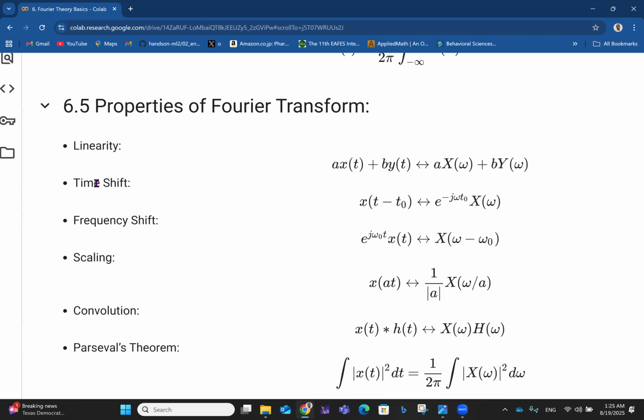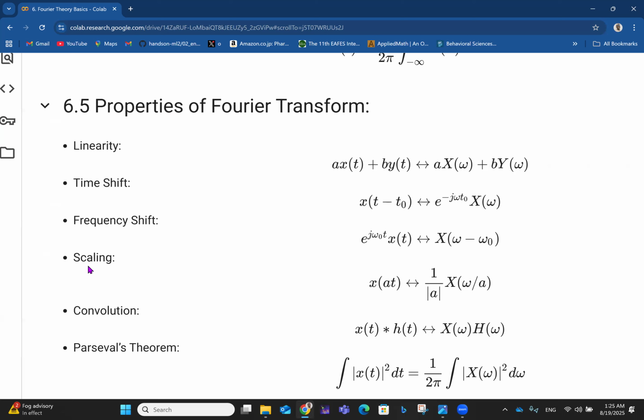Then you can also talk about time shift, where x of t minus t naught goes to e raised to minus j omega t naught times the Fourier transform of the original x of t. Then you have frequency shift, where e raised to j omega naught t times x of t goes back and forth to X of omega minus omega naught.